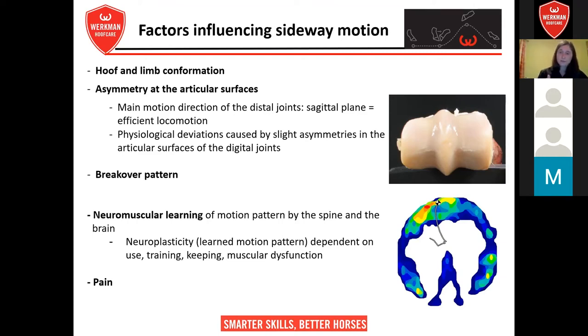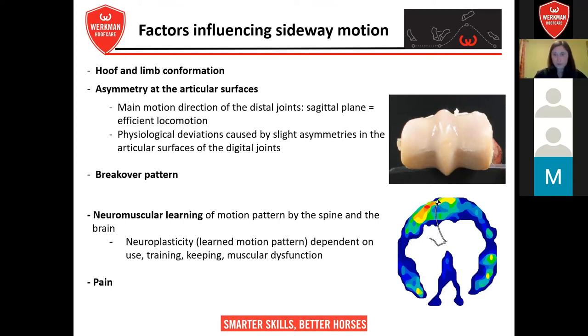And of course, it would be nice to have a straight sagittal movement, but if you have slight asymmetries in a joint, it can't move straight anymore. And these asymmetries are not just in the digital joints, they are also, for example, in the elbow or in the carpus or in the shoulder joint. So this is why the individual conformation, the individual shape of the joints, is responsible for the individual motion pattern.